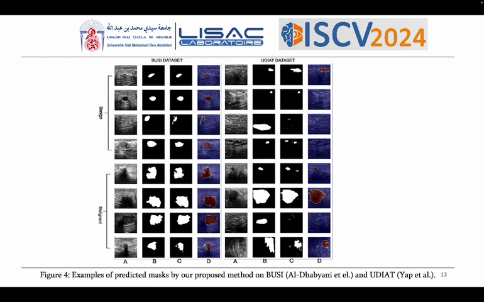As for the visualization of the segmentation results, we have in figure 4 examples of predicted masks. As we can see here, we have the BUSI dataset in the first half and the second dataset in the second half, and in the first 4 rows we have the benign tumors, and in the last 4 rows we have malignant tumors.